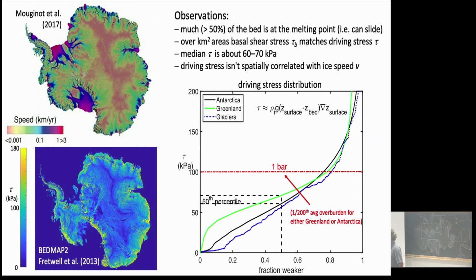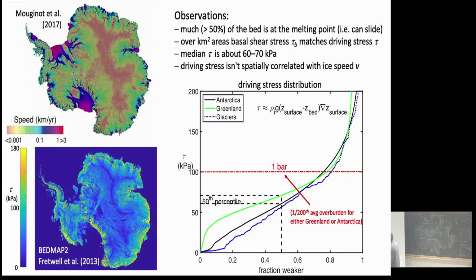They're all less than 1 atmosphere of driving stress. So the driving stress is in that same sort of realm, and by extension, the basal shear stress is in the same sort of realm as we're used to thinking about applied effective stresses for frost heave and processes like that.